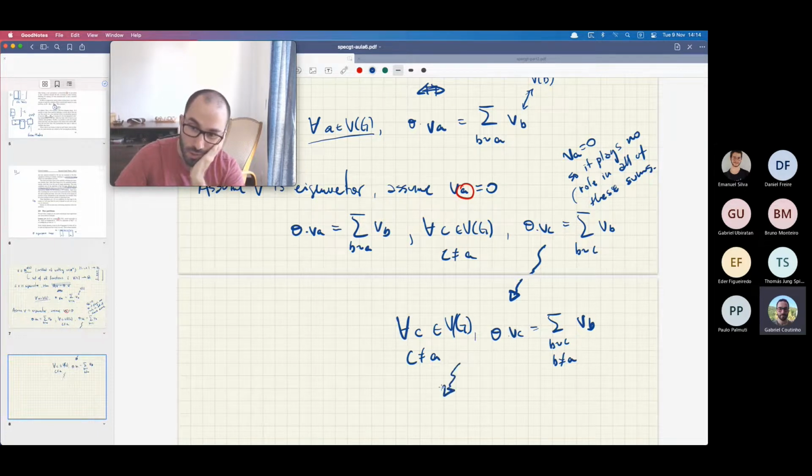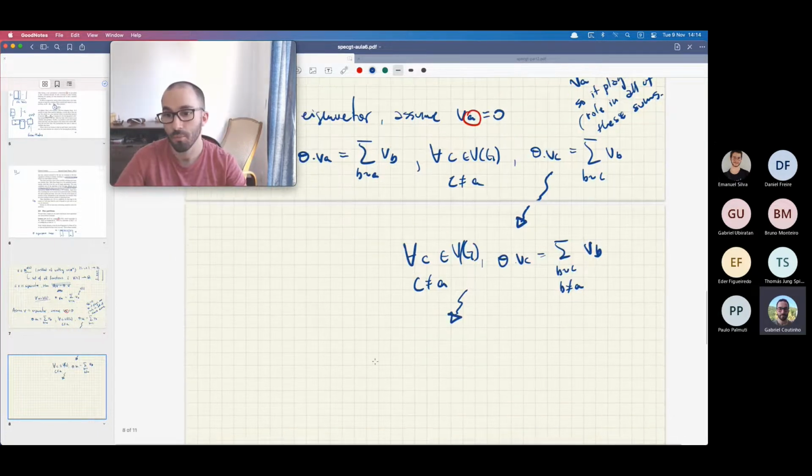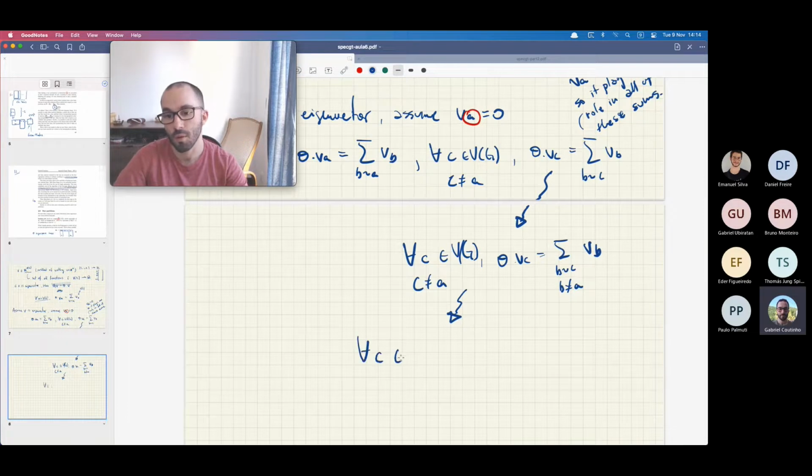So this now basically tells me that for all C in the graph with A removed, theta v_C is equal to the sum over B neighbor to C in the graph G with A removed of v_B.